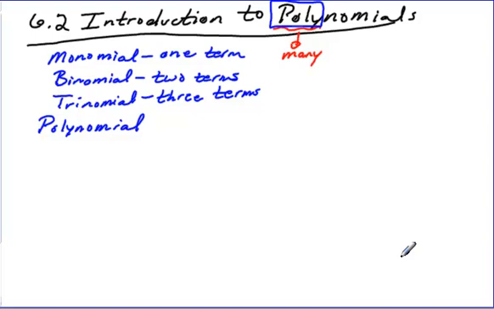As far as the way a polynomial is written, usually we write it with the first piece, the leading term, being the biggest power. So we like to write them in general, usually write in descending order.